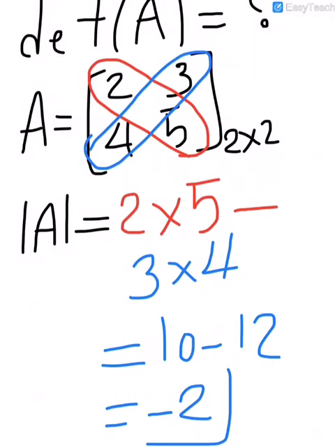But now the question is, what if we have a 3 by 3 matrix? How can we define and find the determinant? That's the question. So now, if we have a 3 by 3 or higher order matrix, in order to find the determinant, we need to have a definition.